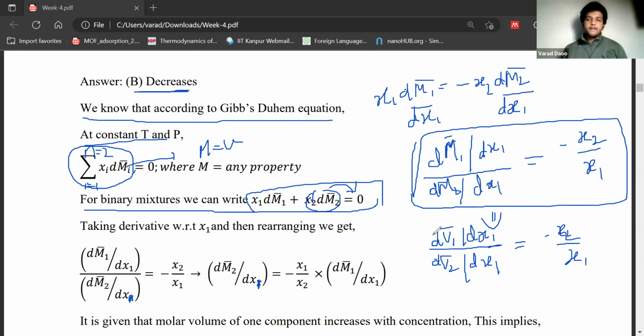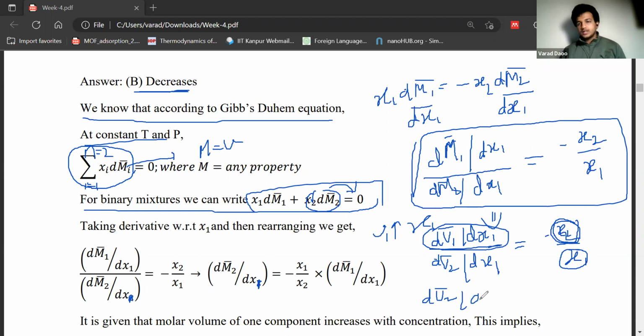It has been given that V1 is increasing with x1. That means this is positive. It's a mole fraction, it cannot be negative. This is positive, this is positive. If we rearrange it, we get dV2 bar by dx1 is equal to minus of x1 by x2 into dV1 bar by dx1, right? I just took this to this side and it is multiplied.